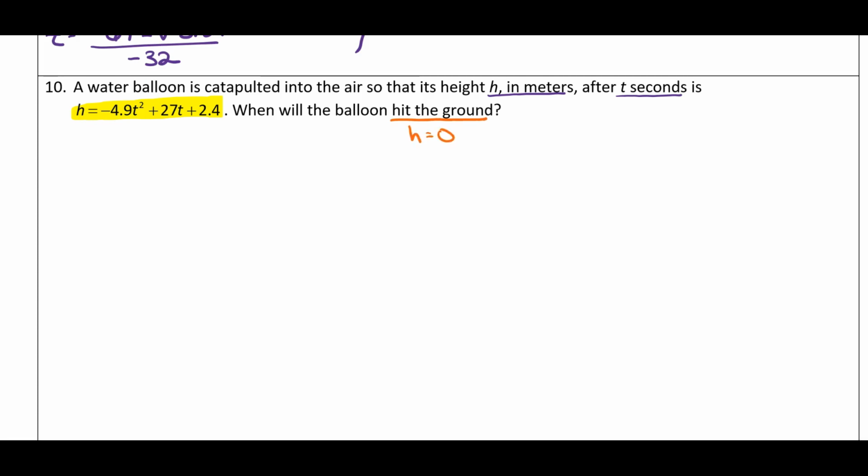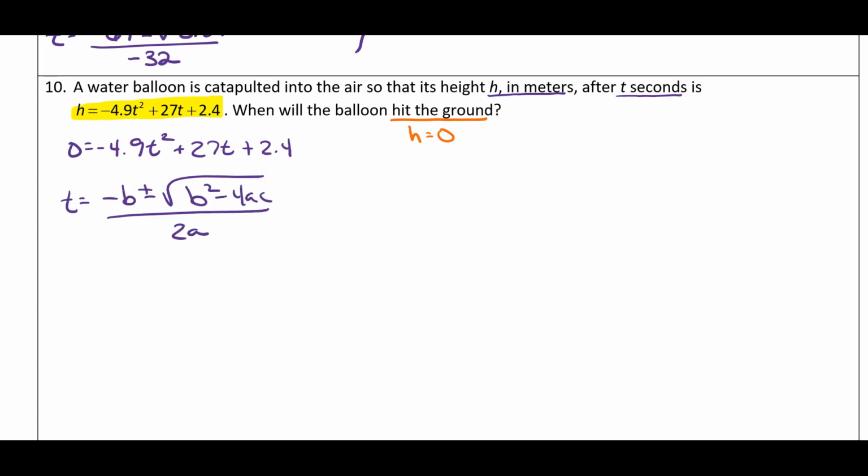Okay, so we're going to fill in 0 for h, which is particularly nice because that means this is already in standard form. So since it's in standard form, I can go straight to my quadratic formula. So instead of using x, I'm going to use t equals negative b plus or minus the square root of b squared minus 4ac, all over 2a. And again, we have our a, our b, and our c.